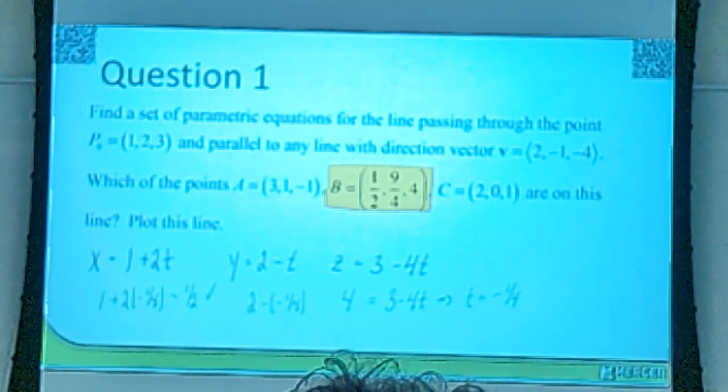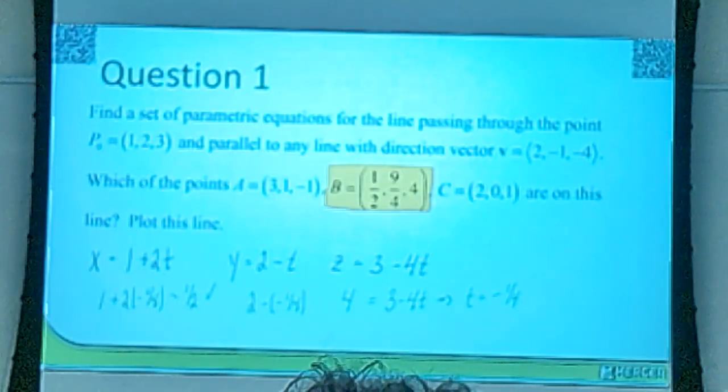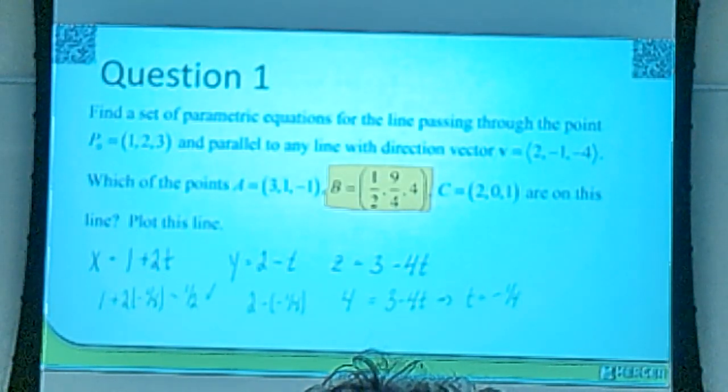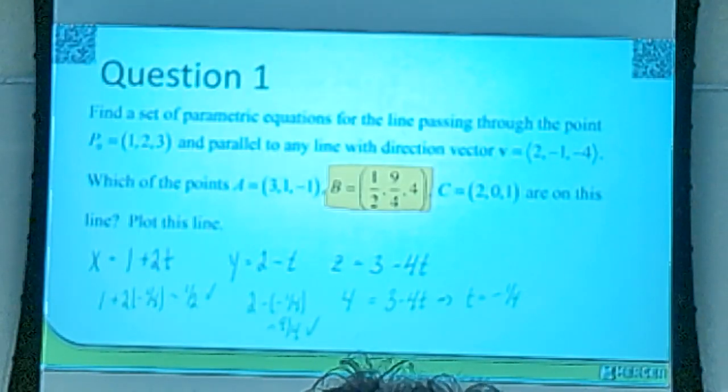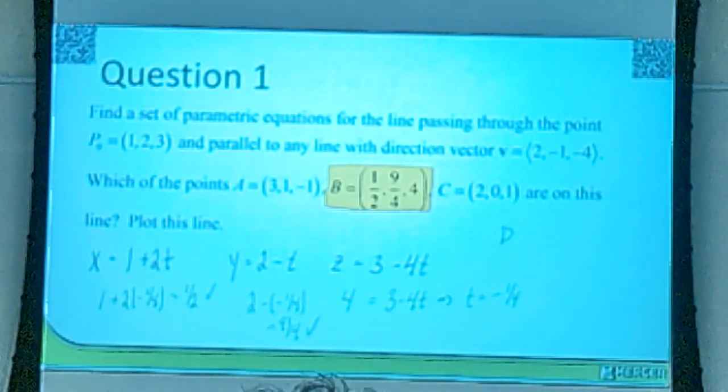Two minus negative a quarter. 2 plus a quarter is 9 quarters, right? B is on the line.